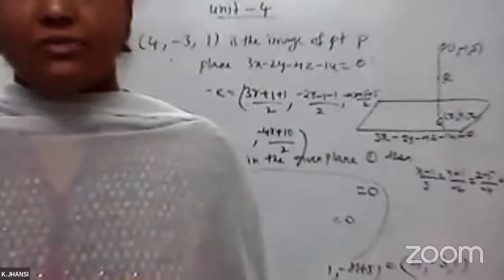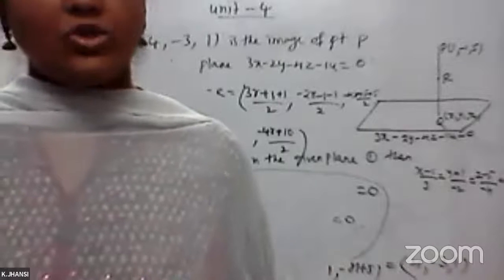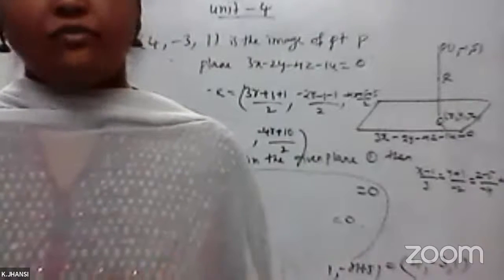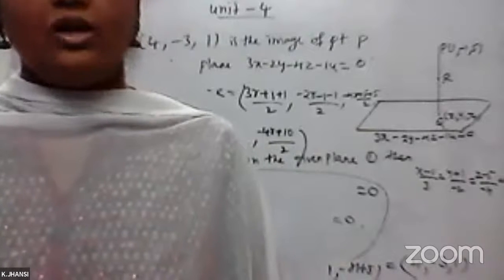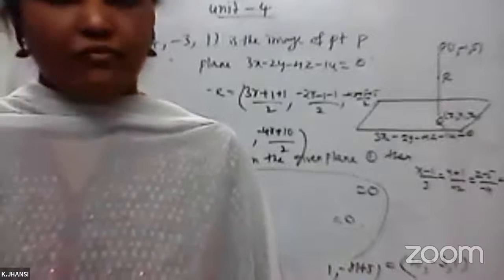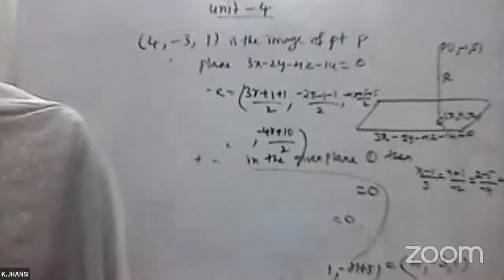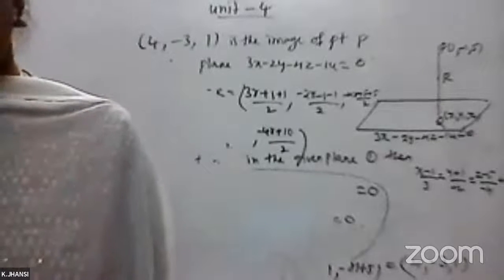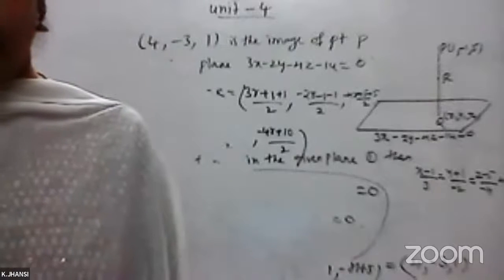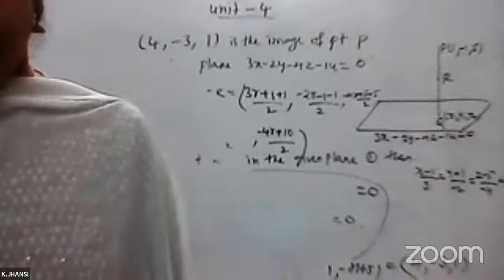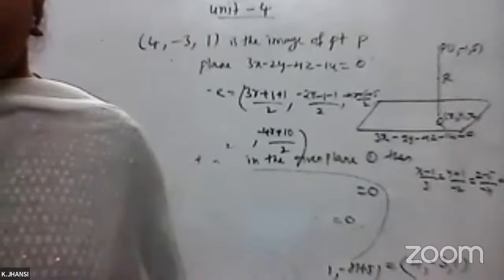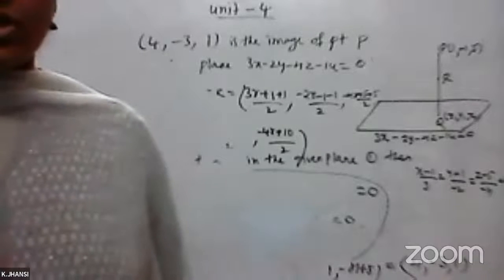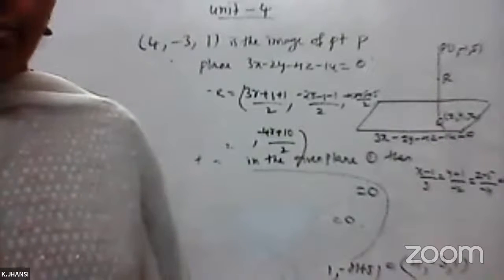For 5 marks they will only ask for finding the shortest distance. If it is a 10-mark question, they will ask for the equations also, which use the same formula as coplanarity: x minus x1, y minus y1, z minus z1, l1, m1, n1, and here l, m, n. The l, m, n values are what you get when you find the shortest distance.